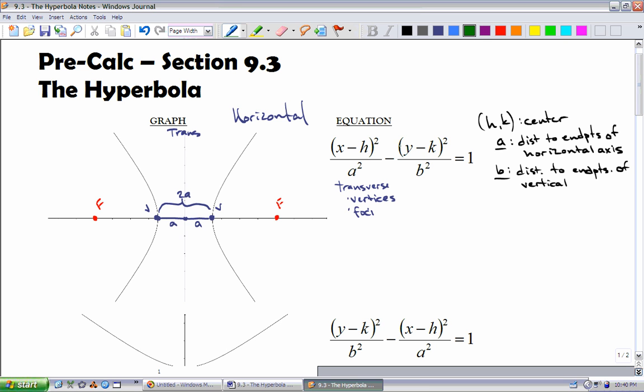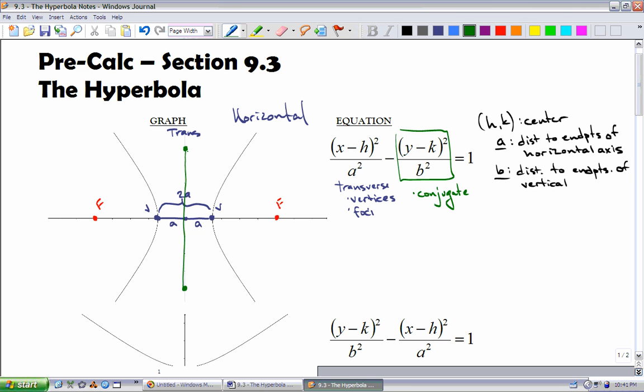Now, the second term here, where the y is, that's going to help us determine what we call our conjugate axis. Okay, now the conjugate axis in this case lies vertically for 2 reasons.